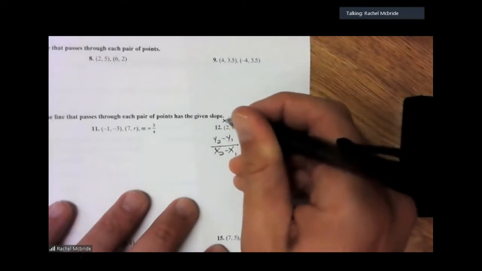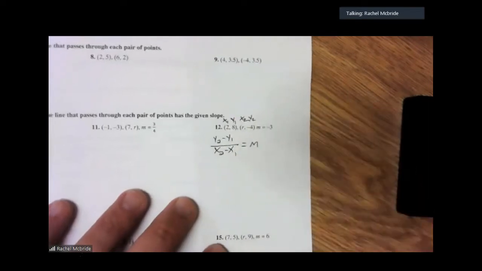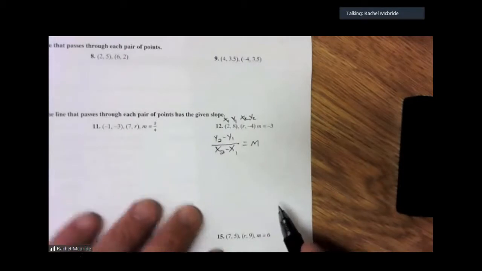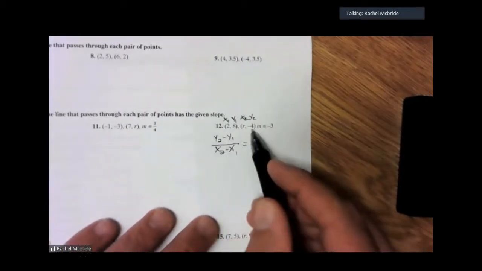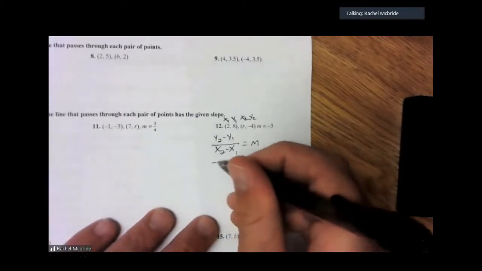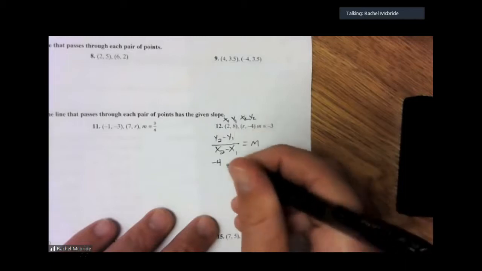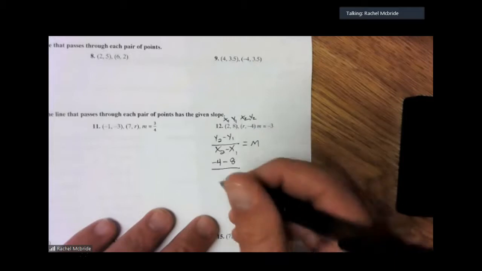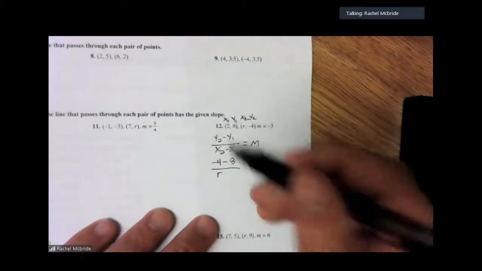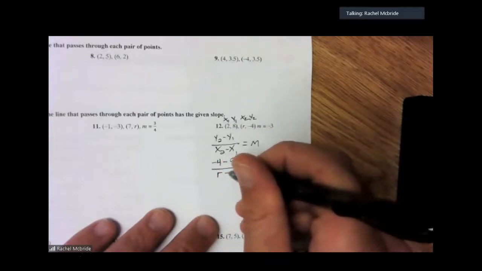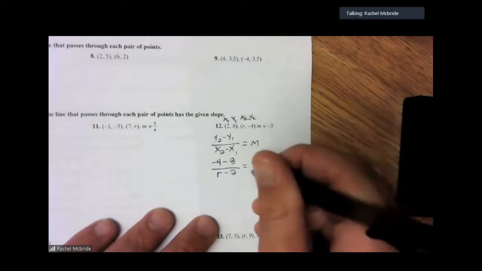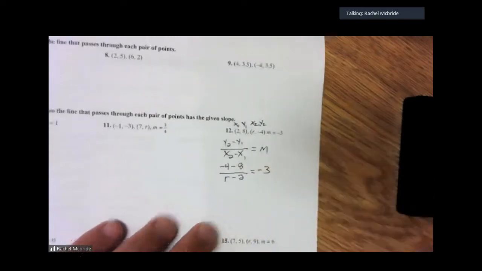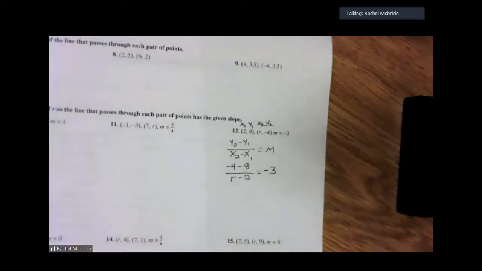Does that make sense so far? Now I'm just going to plug these numbers in. y2 is negative 4, y1 is 8, x2 is r, and x1 is 2. m is negative 3. So now I have this equation here, right?